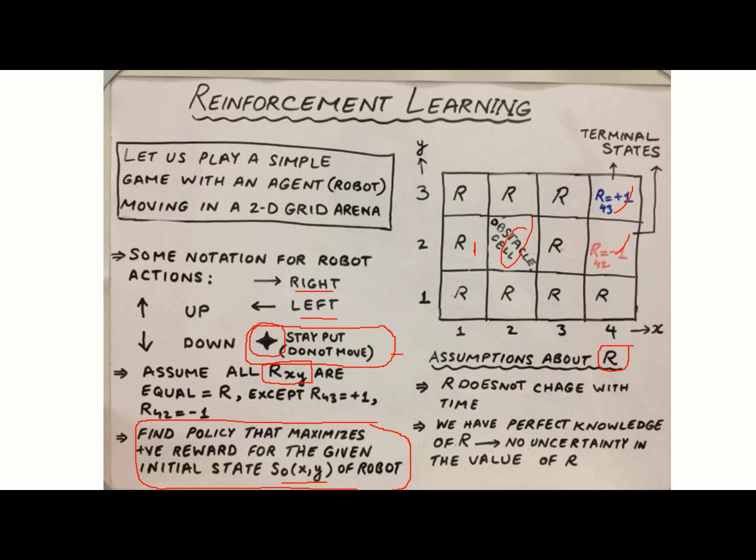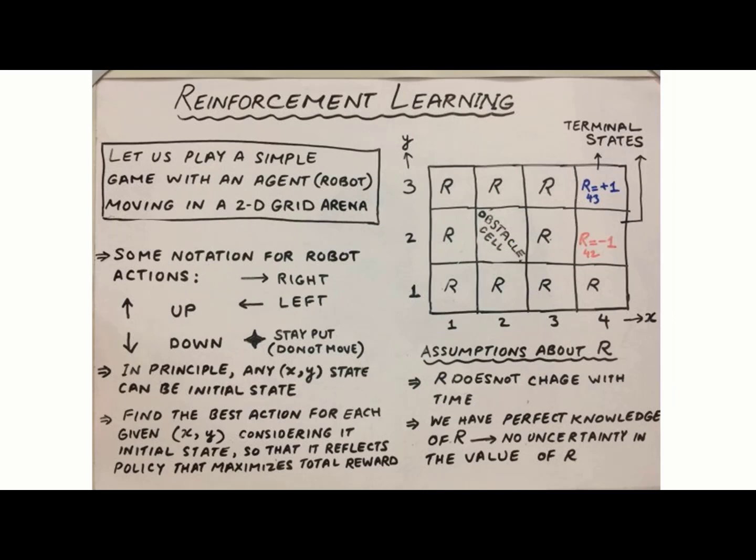In the example that we are going to see in the next slide, we're going to use this value of R, which is the reward in all the grid cells except for the terminal states and the obstacle state, the cell at 2, 2. Before proceeding, an important thing to note is that in principle, any x, y state can be the initial state.